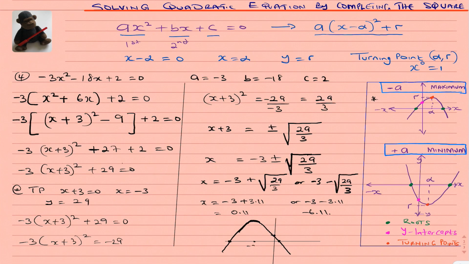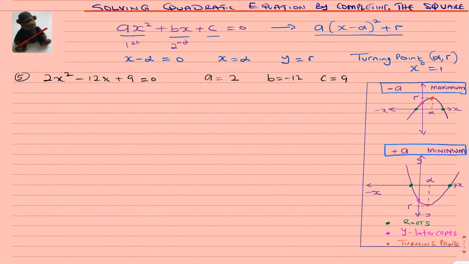So that's minus 3, and this bit here is 29, and the intercept here is 2, and the roots, so those roots are 0.11, and that root is 6.11 minus 6.11, and that's your turning point.